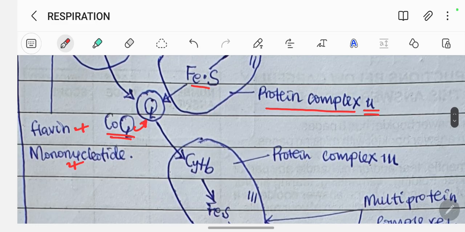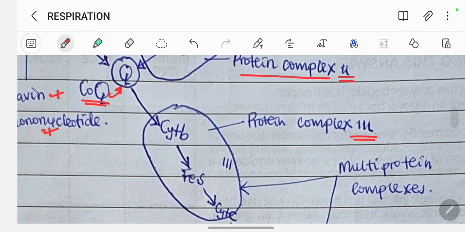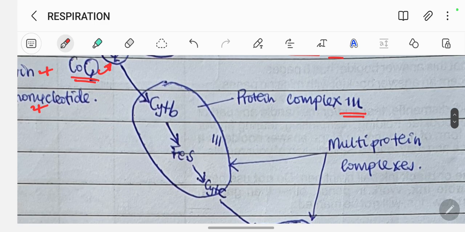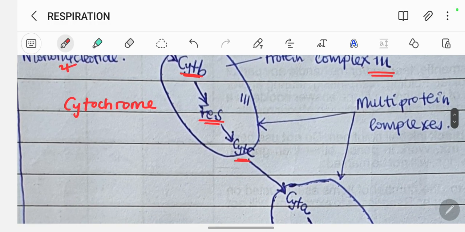Then protein complex 3, and within this protein complex 3, I'm having 3 proteins: cytochrome B, iron sulfur protein, and cytochrome C. Cytochrome A, all that stuff is there.